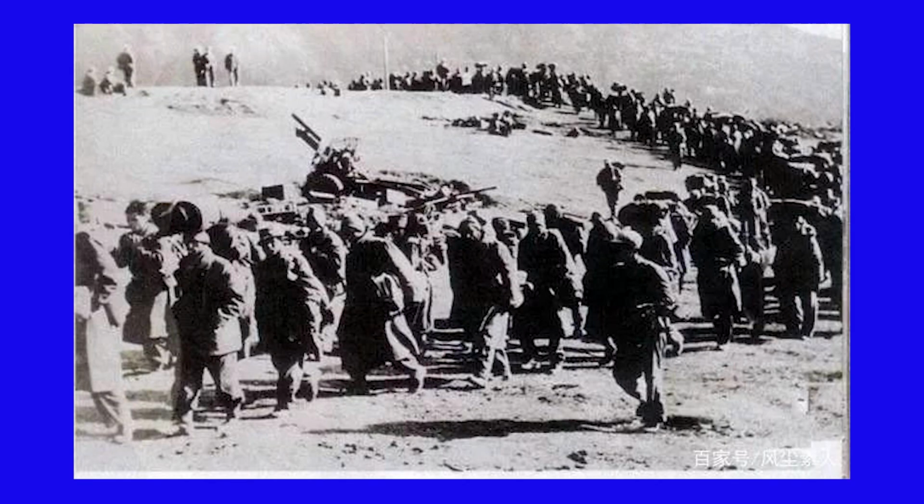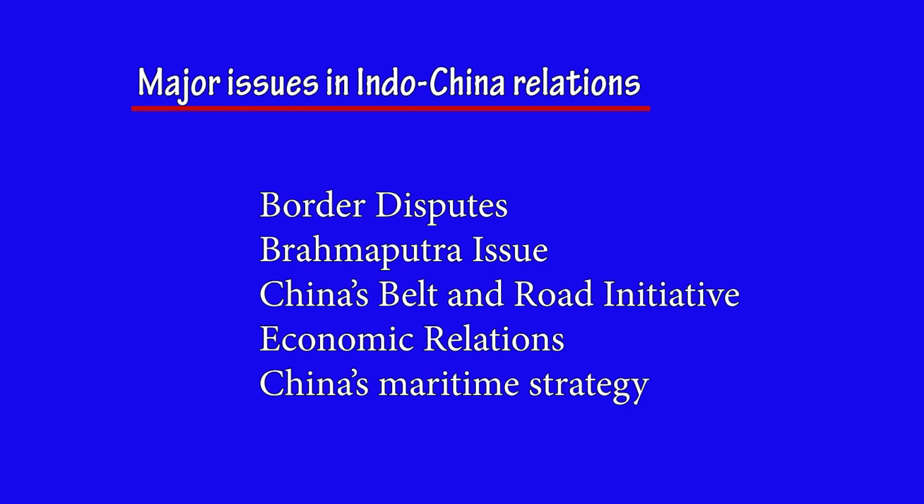But the principles were breached, and in 1962 we can see China invading India regarding a border dispute in Arunachal Pradesh. The major irritants that existed at that time are still not over. The major irritants in India-China relations are border disputes, the issue of the Brahmaputra, China's Belt and Road Initiative, economic relations, and China's maritime strategy.